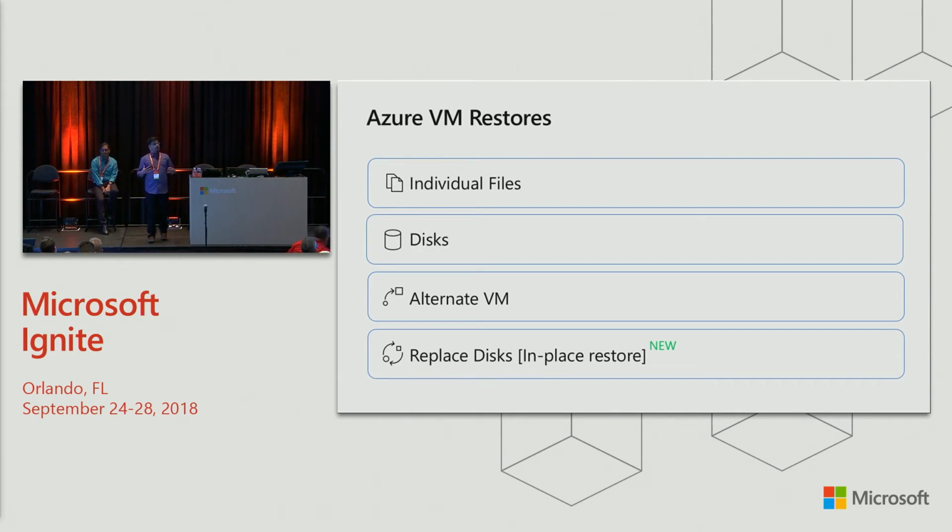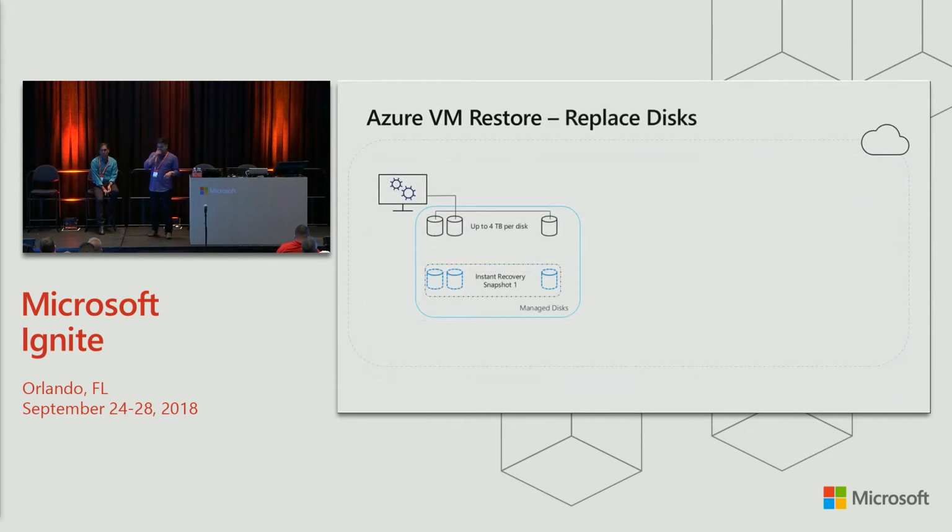But what we saw today is the ability to recover the virtual machine in place. And that's the last option, which is replace disk or an in-place restore. How do we do that? So let me talk about that. When a virtual machine is supposed to be recovered, the first thing we do is to require the user to shut down the virtual machine.